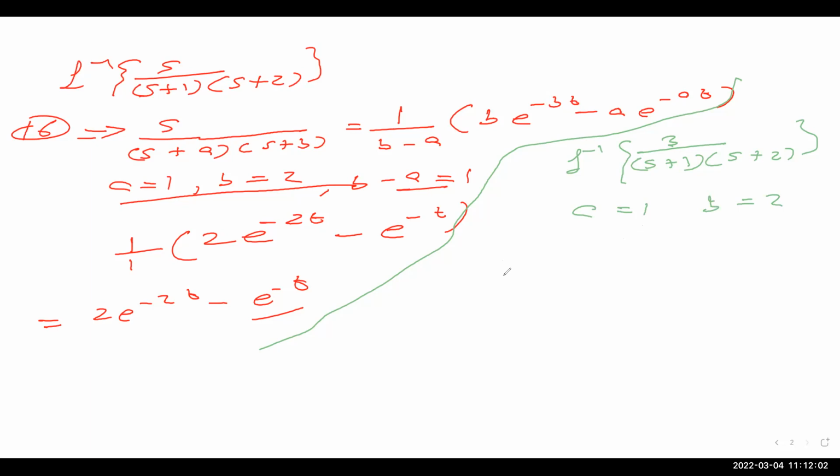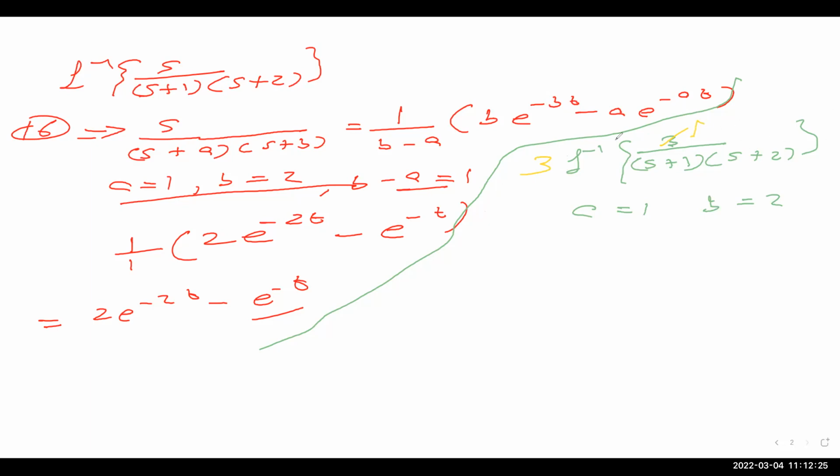So 1 over (s plus a). We are once again using the linearity property of the Laplace transform. It has to be 1 here, so to have 1 here, we can take this 3 out. That's the linearity property of the inverse Laplace. So this is in the format that we want.